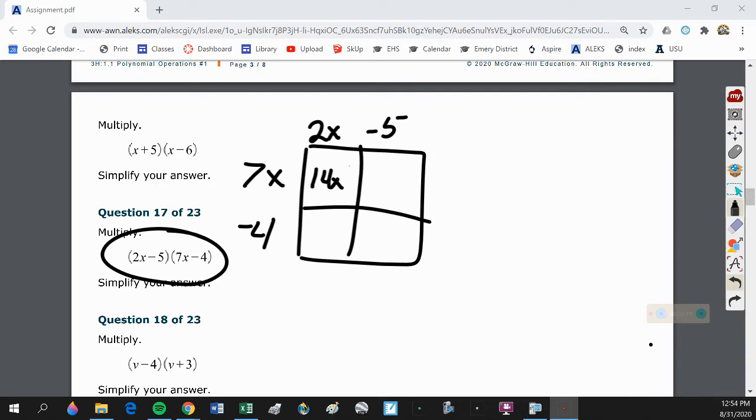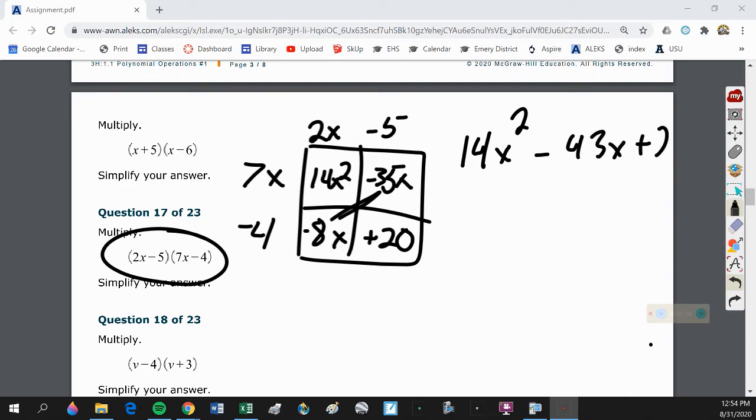So 14x squared minus 35x minus 8x plus 20. And then you'll notice that these are common terms. Okay. So simplified, we get 14x squared minus 43x plus 20. Are we good with that? Any questions? No?